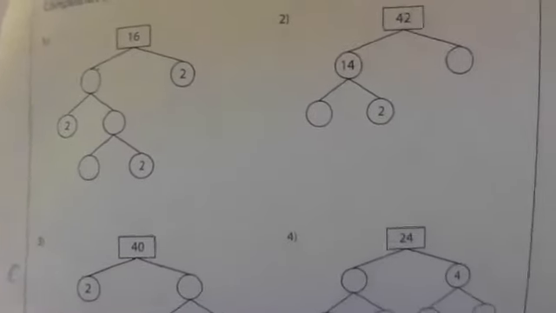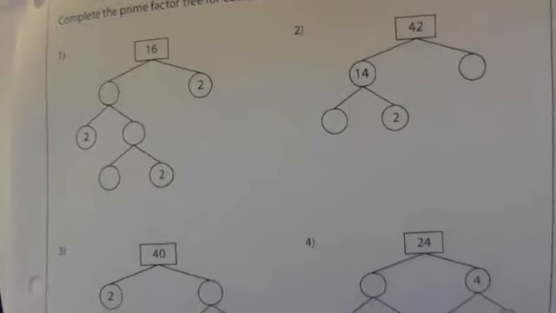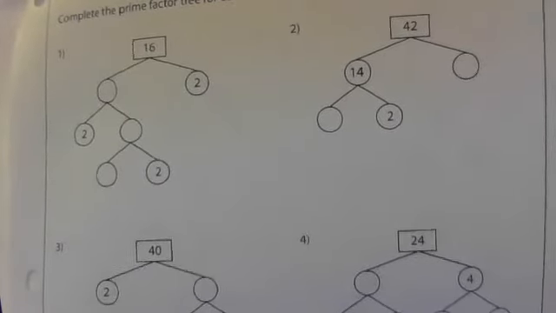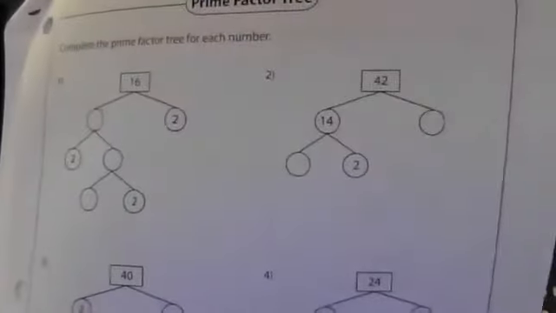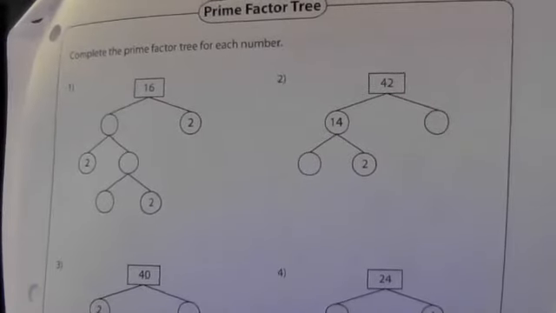What's going on? Well, this is just the way they showed you what they want you to fill in. They are not circling primes on this page. You see this? Okay, they are not circling primes. They're just putting circles where you're supposed to fill in an answer.